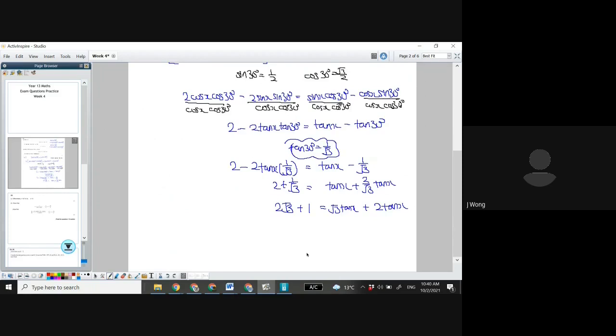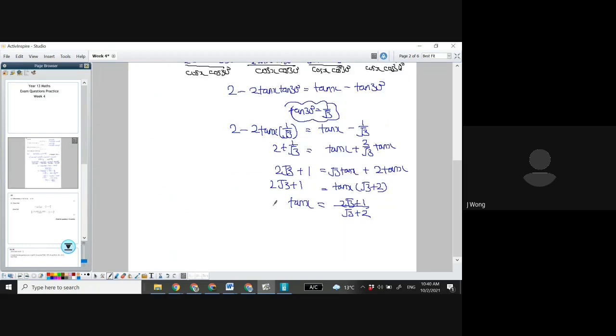Then finally, just factor out the tan x, which gives root 3 plus 2, and then divide through by root 3 plus 2, and you get a number there. I think in Casio, if you put that in, you will get the number in terms of root 3 straight away. But here, we'll just do a little practice.